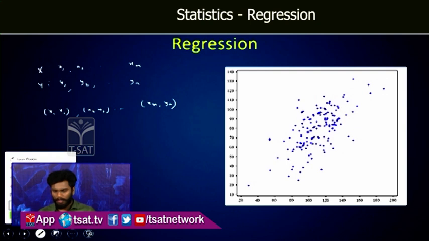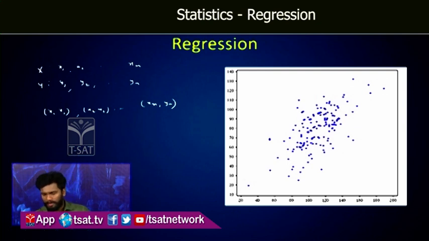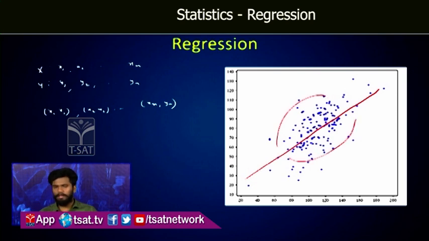Now when you draw a line passing through the points, where all the points are concentrated on and around the line, then this is called the linear regression line.